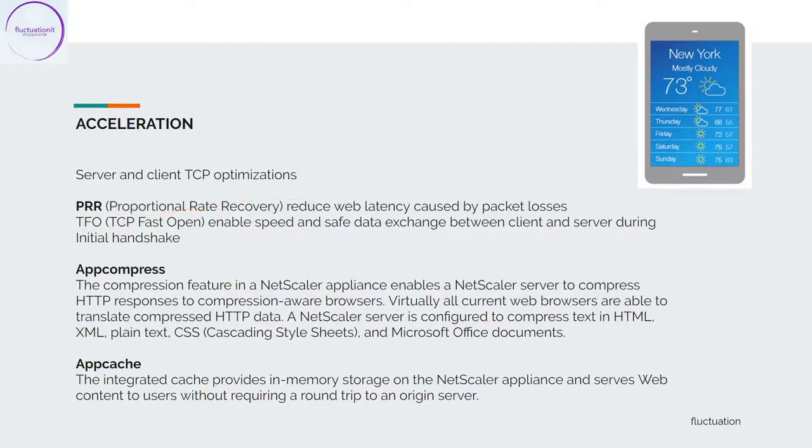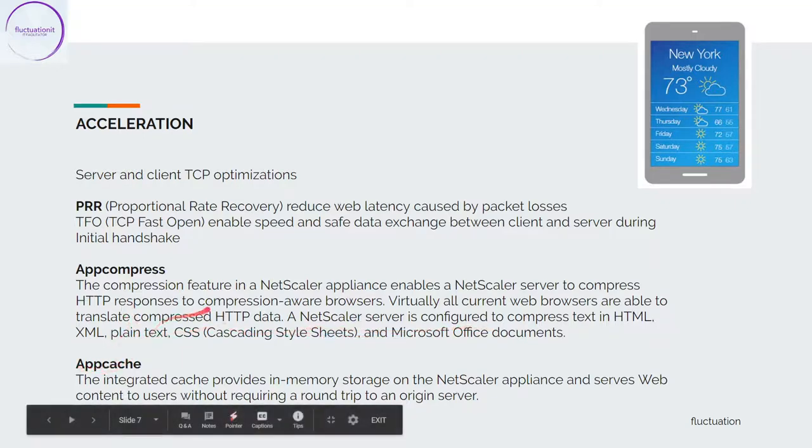After that, you have AppCompress. Of course, AppCompress is the compression feature in Netscaler, and it enables Netscaler to compress HTTP responses for compression-aware browsers. Virtually all current web browsers are able to handle compressed HTTP data, and the Netscaler server is configured to compress text in HTML, XML, plain text, CSS, and Microsoft Office documents.